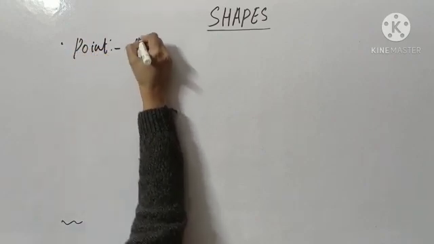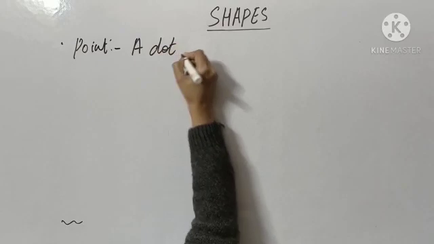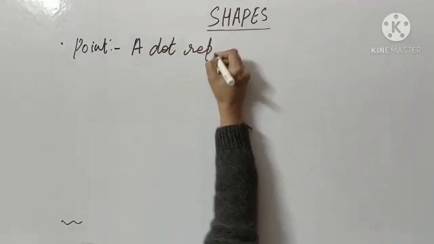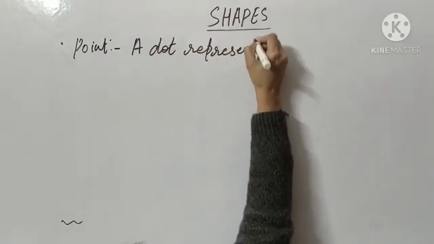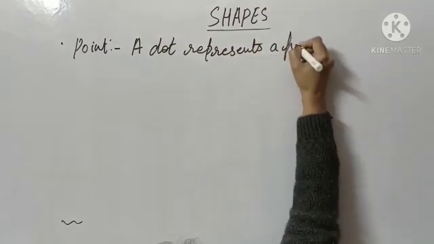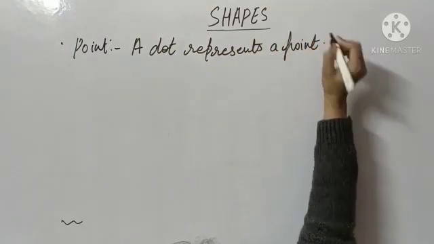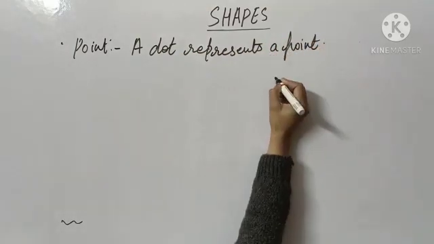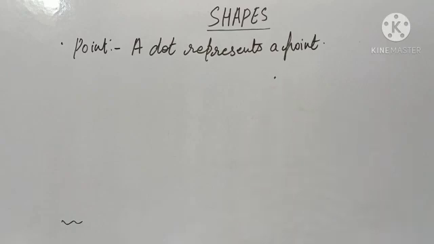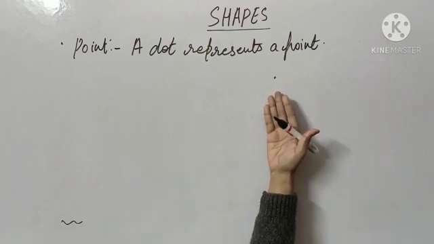Okay, a dot represents a point. So simple dot, I have marked this. Okay, so this is only my point.